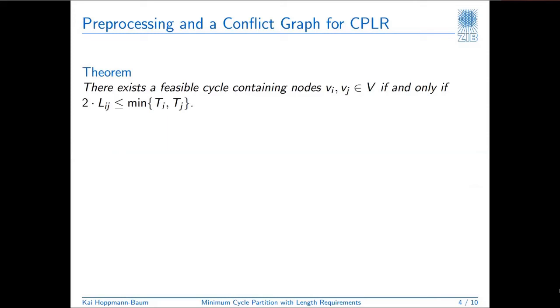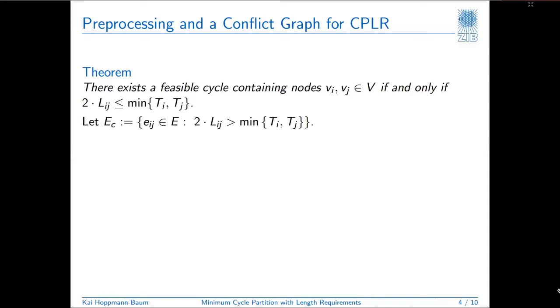This just comes from the triangle inequality. So any path between them which doesn't use this edge is at least as long as Lij. So let's denote in the following this set of arcs which are longer than the minimum critical time of these two vertices.